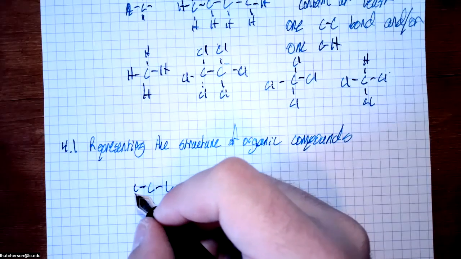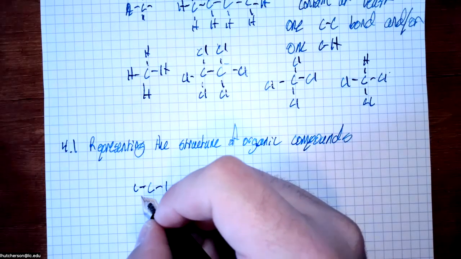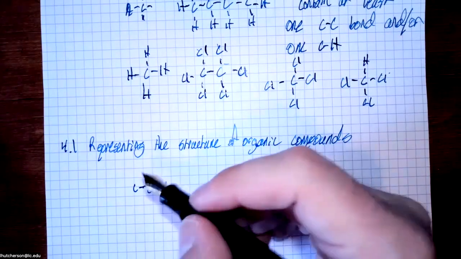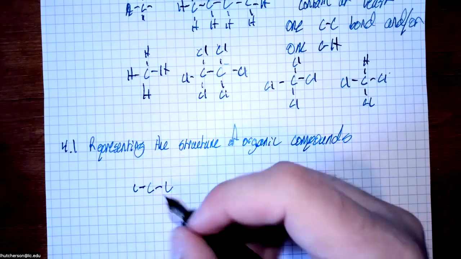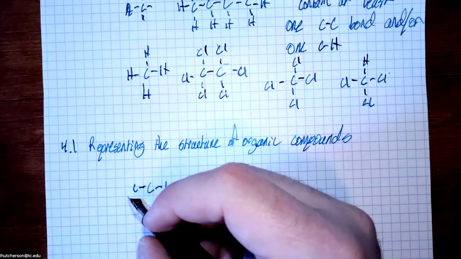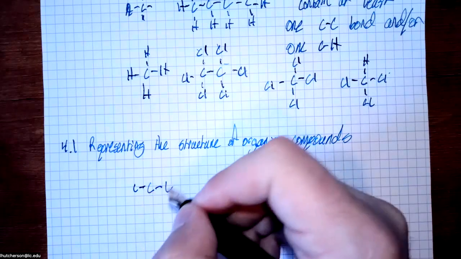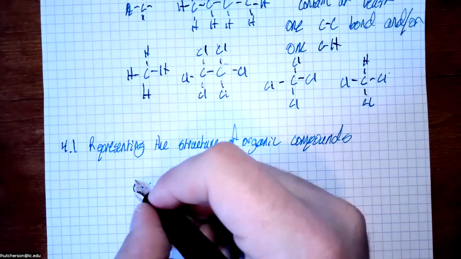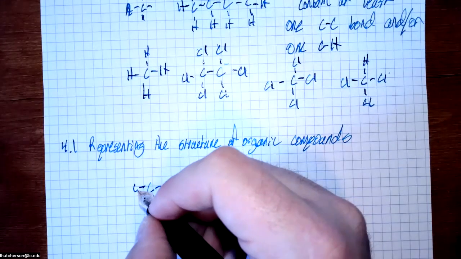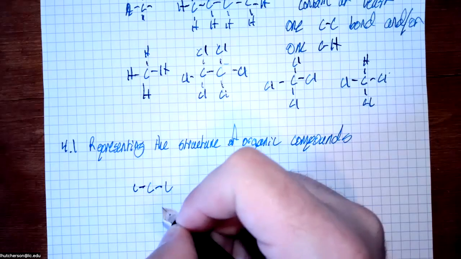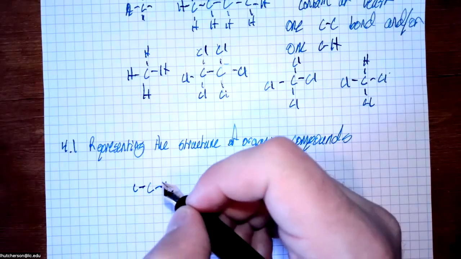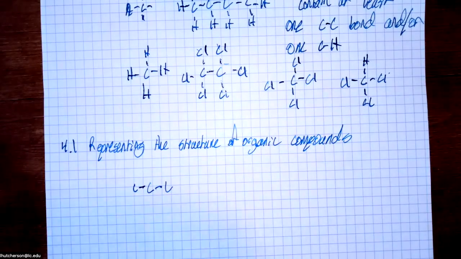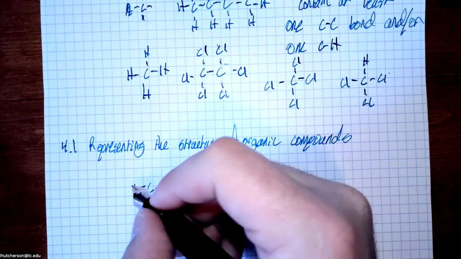Now, I'm going to mention this again, and I'm going to emphasize it because this is key to understanding a lot of these structural representations that we're going to talk about. When we draw an organic compound, we're going to assume that any available bond on the carbon that's not explicitly shown as being bonded to something else is bonded to hydrogen. Now, what do I mean by any available bond? Here again, you'll remember from chapter 3, we talked about carbon forming 4 bonds anytime in this class. Not strictly true, but anytime in this class.